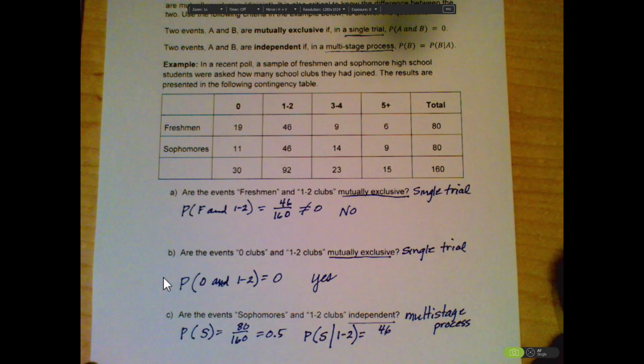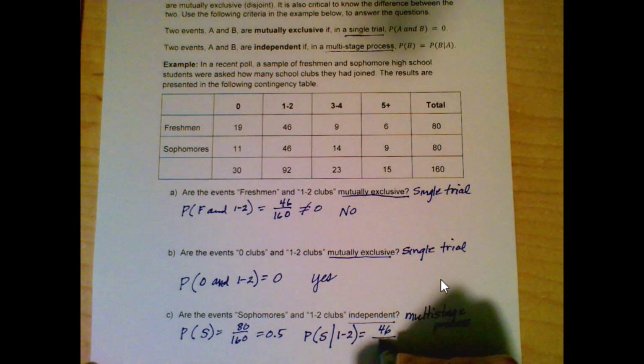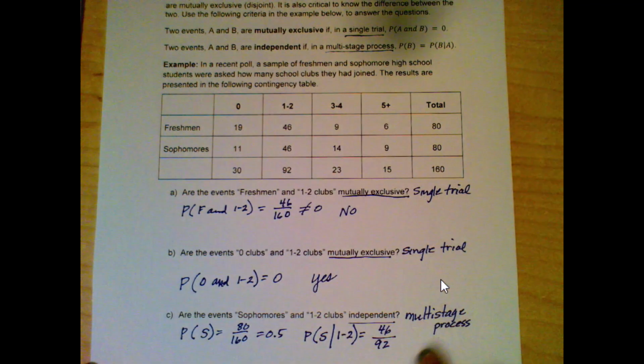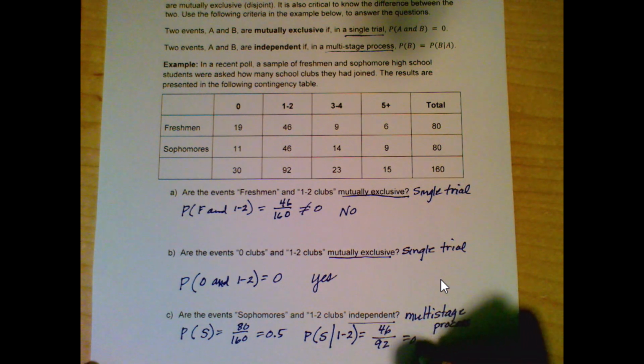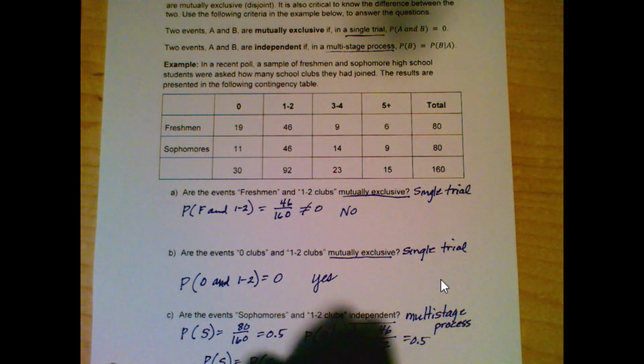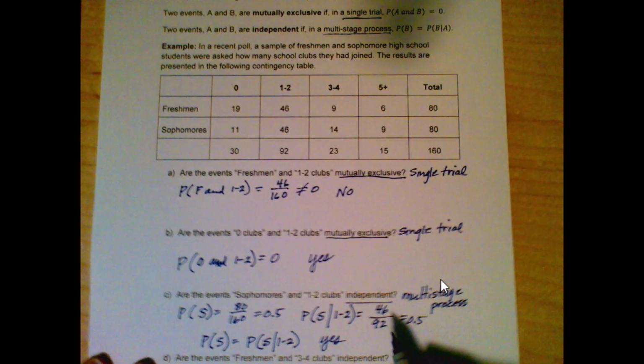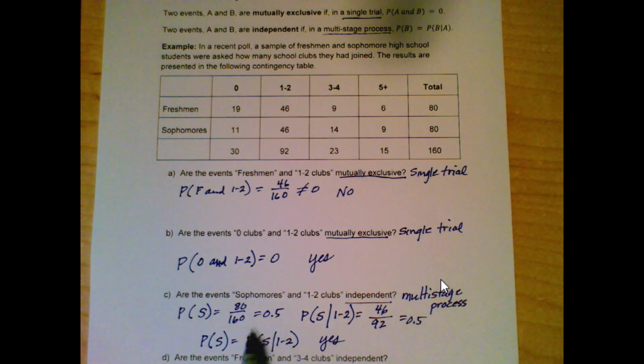We already know it's somebody who joined 1 to 2 clubs, so 46 out of 92. We're only looking at these because we already know it's a 1 to 2 club student. So that one is 0.5. So in this case, the probability of S is equal to the probability of S given 1 to 2 clubs. So yes, these would be independent because you get the same probability whether you just have the probability of S by itself or the probability of S given 1 to 2 clubs.